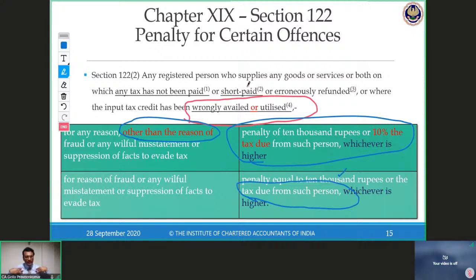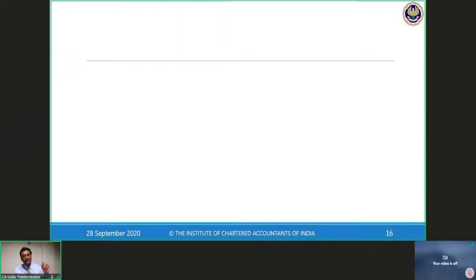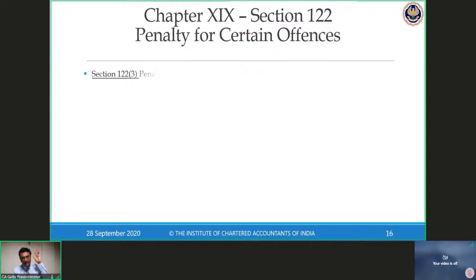If I can prove to the officer that I don't have intention to cheat, I don't have intention to commit fraud, I don't have misrepresentation or suppression of facts. How? Only when I reveal it, when I communicate to the officer, then clause 1 comes into the picture. My penalty is 10,000 rupees or 10% of the tax due under section 122 subsection 2. So this is what we need to understand from section 122 subsection 2. Now 122.3 is a beautiful section.